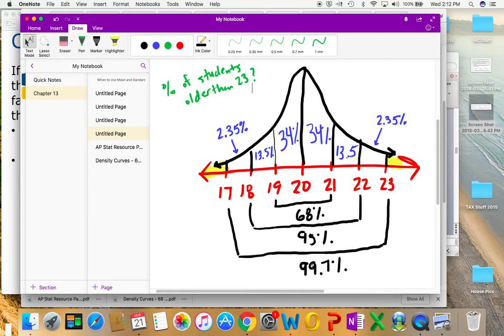So 100% minus 99.7% gives me 0.3%. So 0.3% is accounted for over here and also over here. 0.3 divided by 2, my answer would be 0.15%. This region in the yellow is a very, very small percentage, 0.15%. And same thing, less than 17 would be 0.15%. So the percentage of students older than 23 is 0.15%.